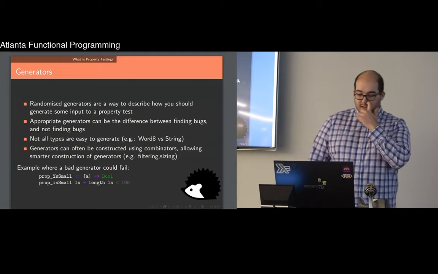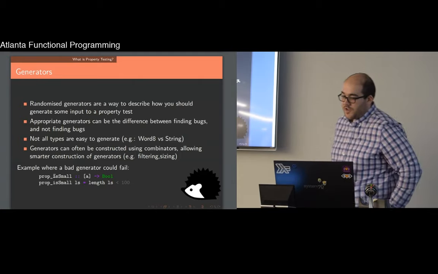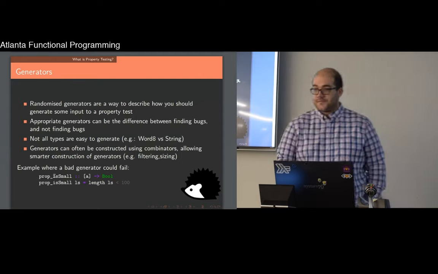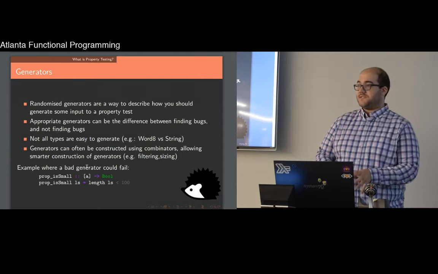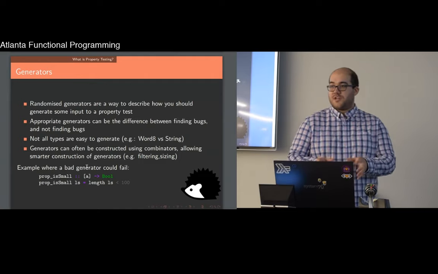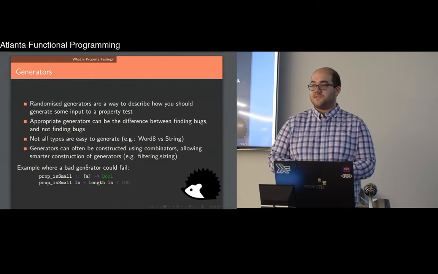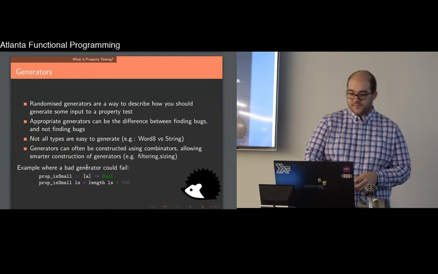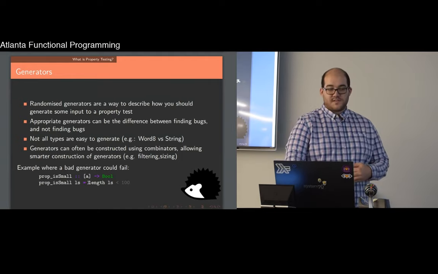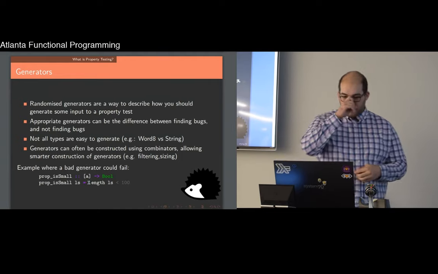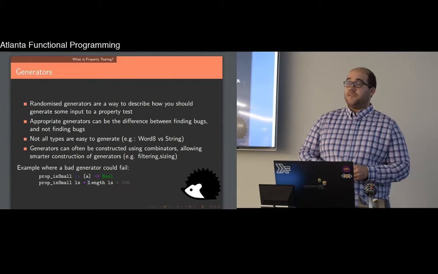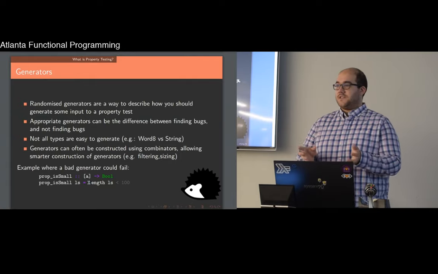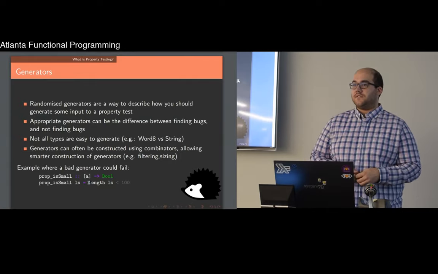So here's an example where a bad generator could fail. Again, assuming that you want this to succeed, if you have a generator that just generates a list of a random size, this will only succeed if the generator produces lists that are less than 100 elements in size.